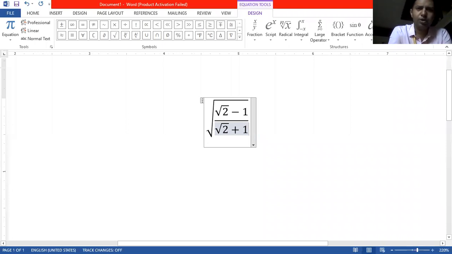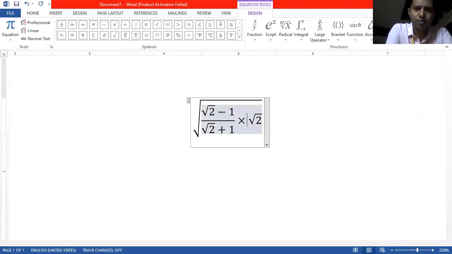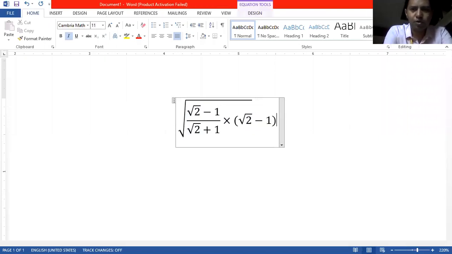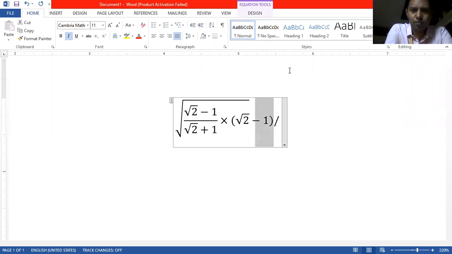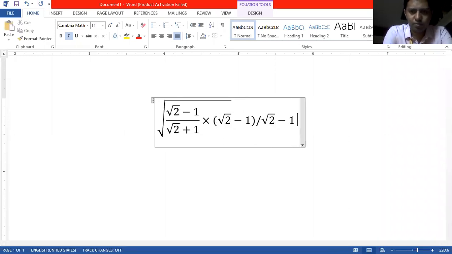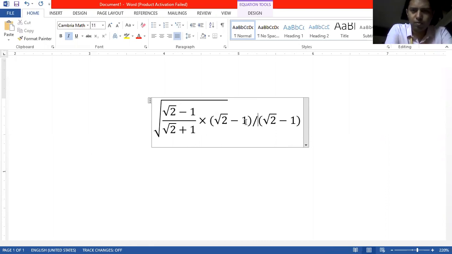To rationalize this, we'll multiply it by root 2 minus 1 upon root 2 minus 1, inside the root only.